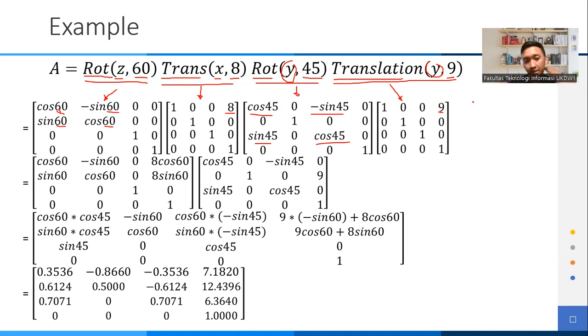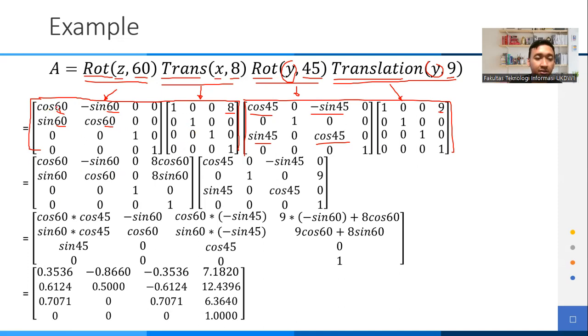Okay, after we have input the values in each transformation matrix, we can multiply one by one. We can multiply this matrix first, and after that the two matrices are multiplied and we get the result like this.